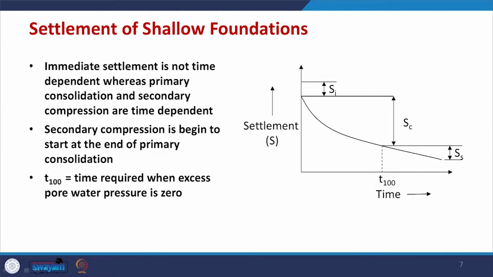That means, as the time passes, the settlement increases, and there is a time factor called T100, which is the time required when excess pore water pressure is 0. That means the whole of the pore water pressure gets dissipated. So, this is the settlement versus time chart for the shallow foundations.